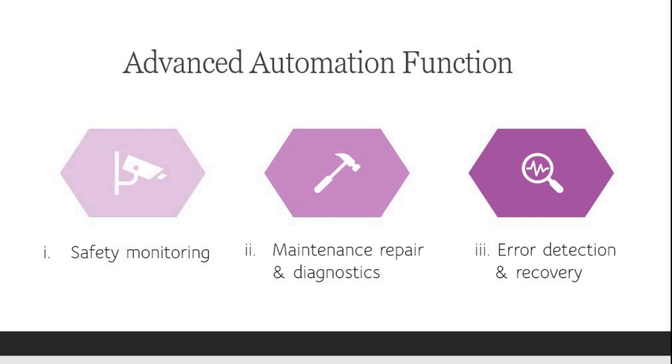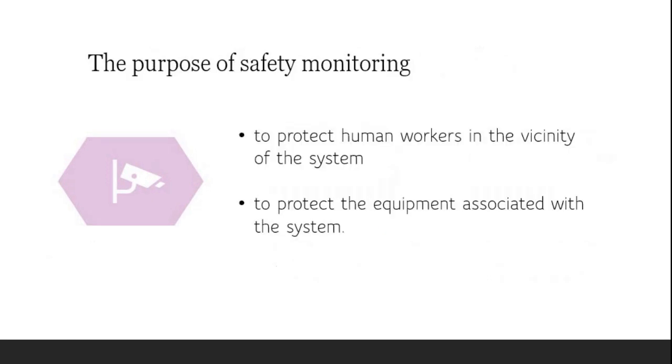Okay, so let's take a look at safety monitoring. One of the significant reasons for automating manufacturing operations is to remove workers from hazardous working environments. The automation system itself is installed to perform a potentially dangerous operation, which, if we did it manually, would harm the worker.